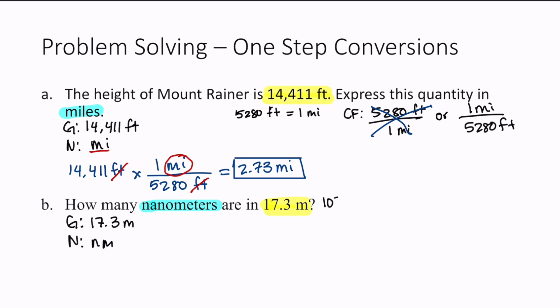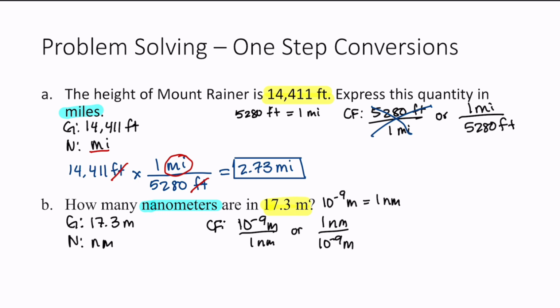There are 10 to the negative 9 meters in 1 nanometer. So my conversion factor is going to be 10 to the negative 9 meters in 1 nanometer, or 1 nanometer is 10 to the negative 9 meters.